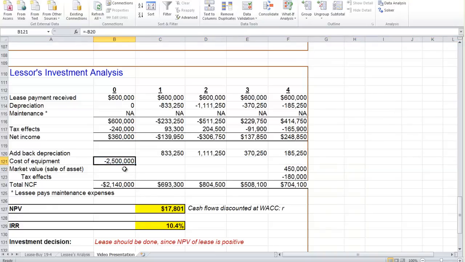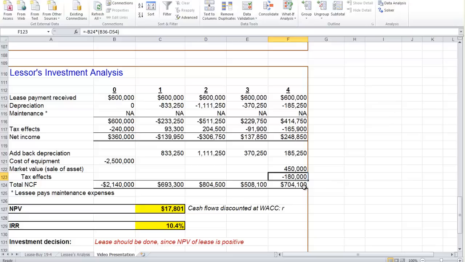Obviously, the lessor paid money to purchase the equipment in the first hand and then subsequently lease it out to the lessee. Now, at the end of 4 years, the lessee returns the equipment, which the lessor can sell for $450,000 net of taxes.